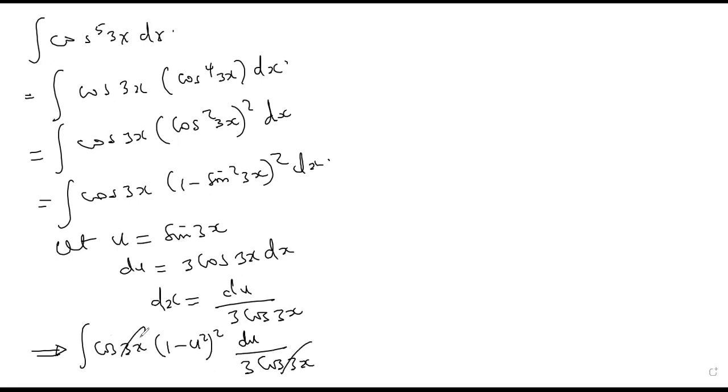Cos 3x will go with cos 3x, so that I remain with a third, if I factorize out a third, integral of 1 minus u squared, then everything squared, of course du.